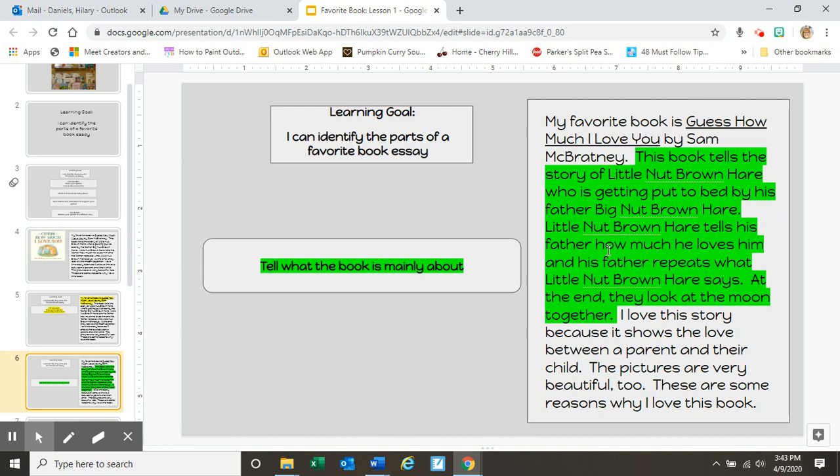Then I talked about the middle of the book, where little Nut Brown Hare is telling his father how much he loves him, and his father always repeats what little Nut Brown Hare said. Then I wrote about what happened at the end of the book, where they looked at the moon together. I used about three sentences to tell what the book is mainly about.